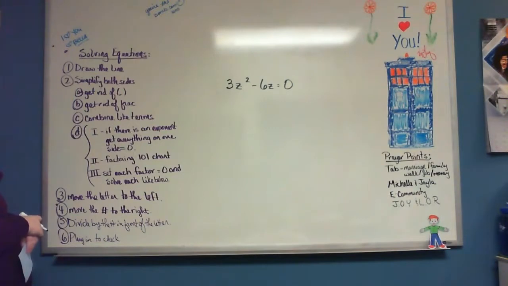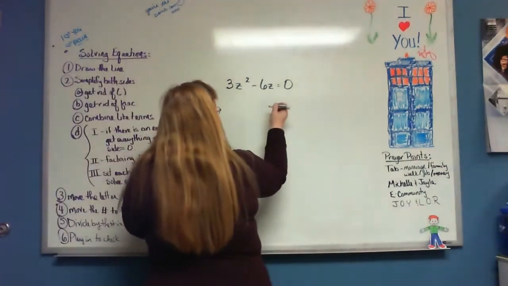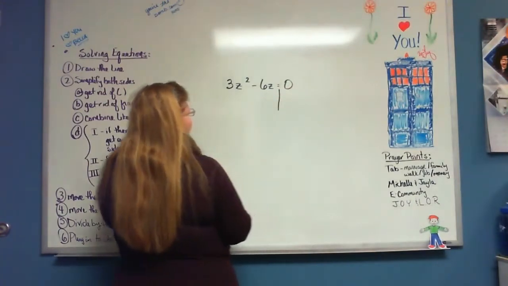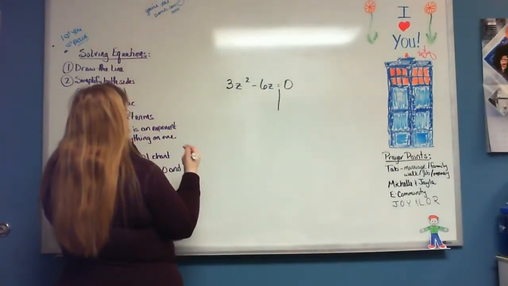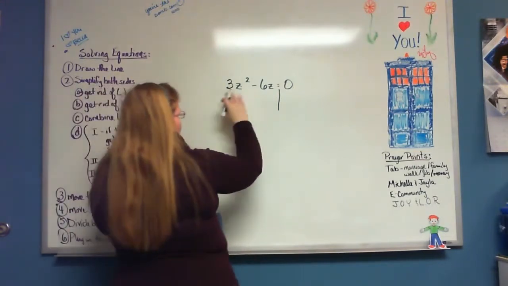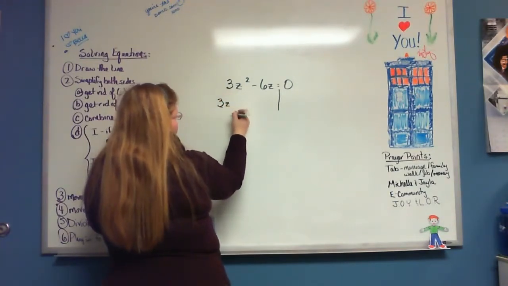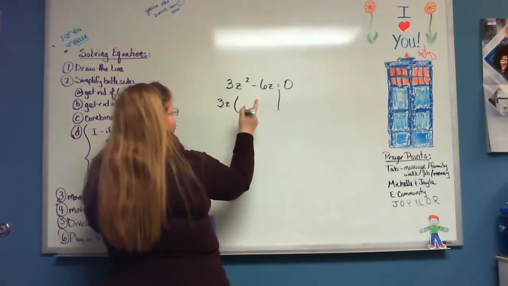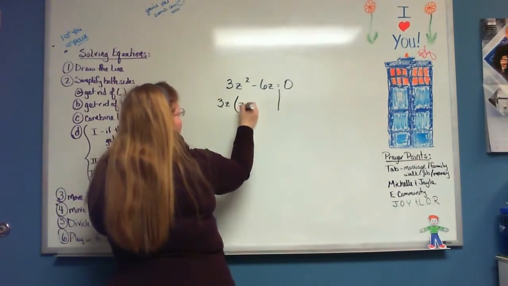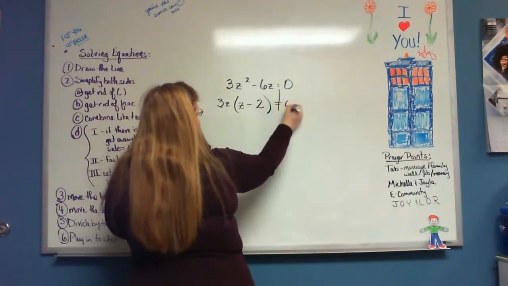Let's see what happens. Okay. So draw my line. No parentheses, no fractions, no like terms. I need to factor it. So I'm going to take out a 3z because that's my GCF. And that leaves me with z minus 2 is equal to 0.